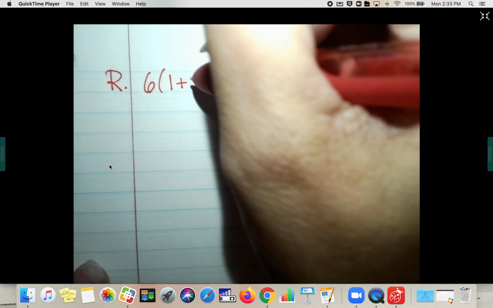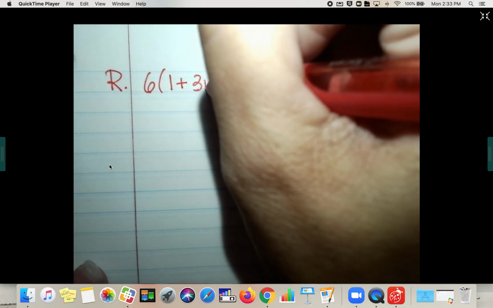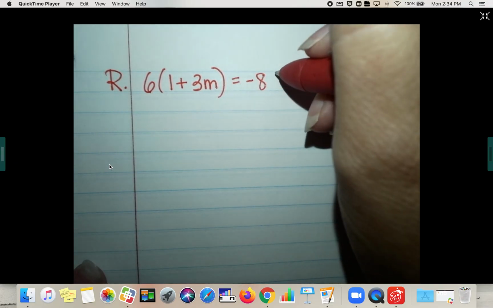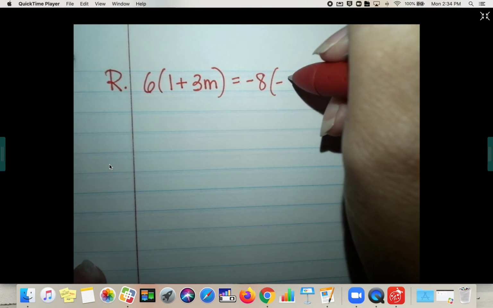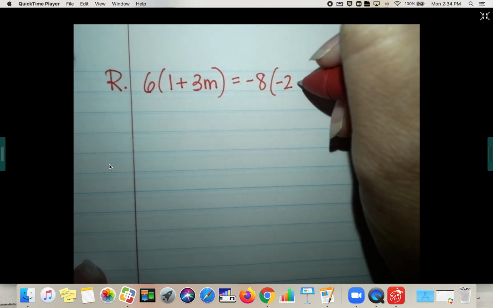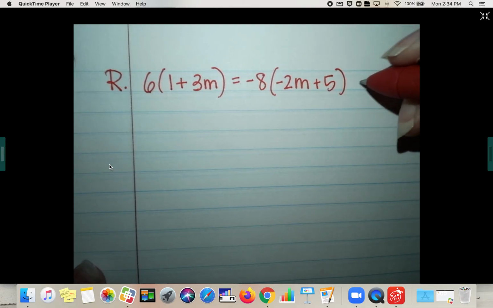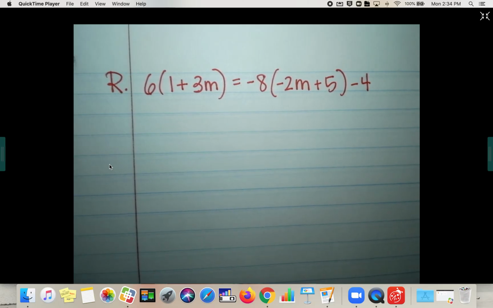6 times the quantity 1 plus 3m equals negative 8 times the quantity negative 2m plus 5, close your parentheses, minus 4. These are really hard.